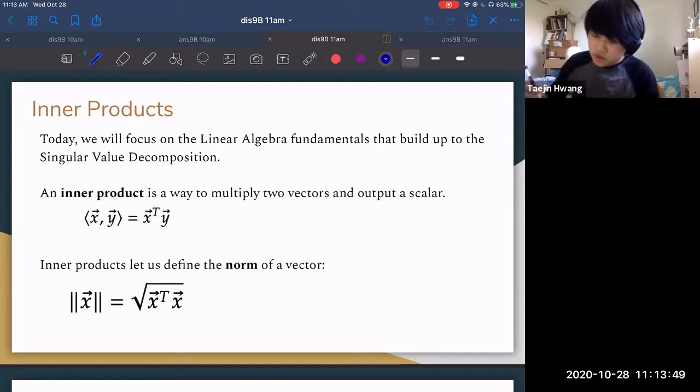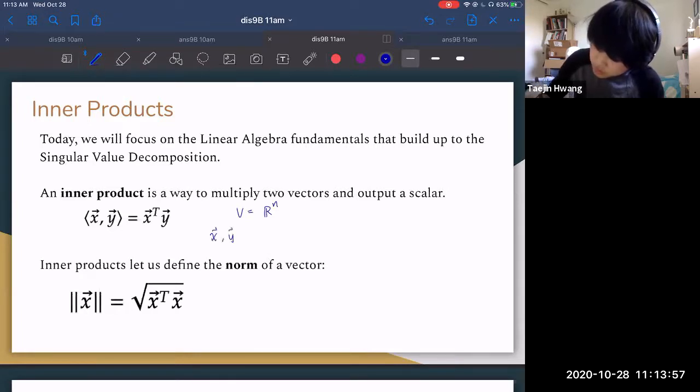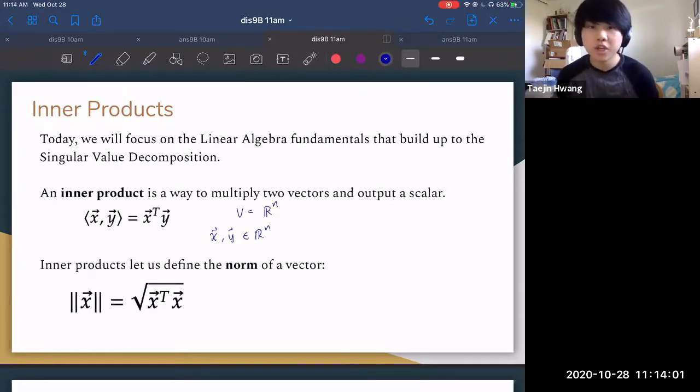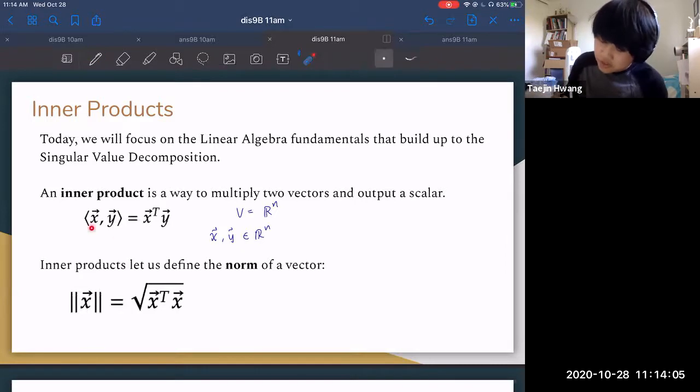Usually our vector space V is Rn, and our vectors x and y will be vectors in Rn. Inner products are a way to define multiplication. One way to multiply these vectors is to take the transpose of x and multiply it by y.